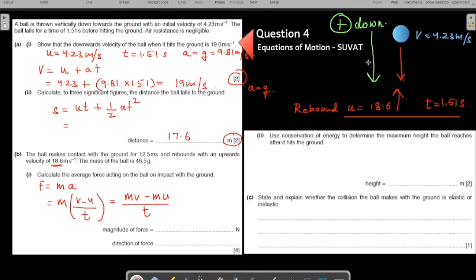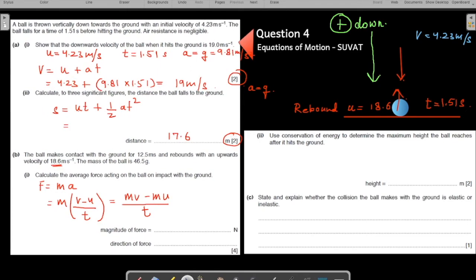Anything which is going down is positive. So when the ball is hitting the ground with the downward velocity of 19 meters per second, it is a positive velocity.